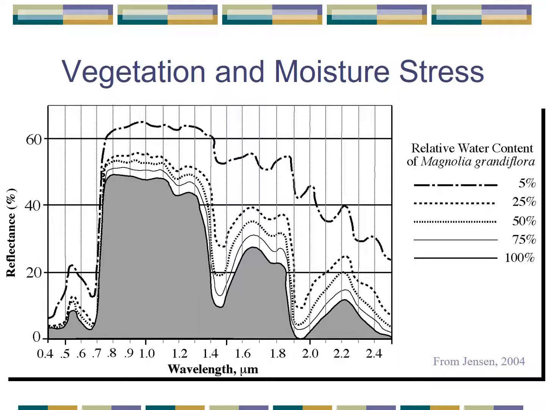Now, if we have plants that are in various states of moisture stress, in other words, some plants are really hard up looking for water, they should have less water content in the leaves. If they have less water content in the leaf, they should, right, have less impact where those water absorption bands occur.